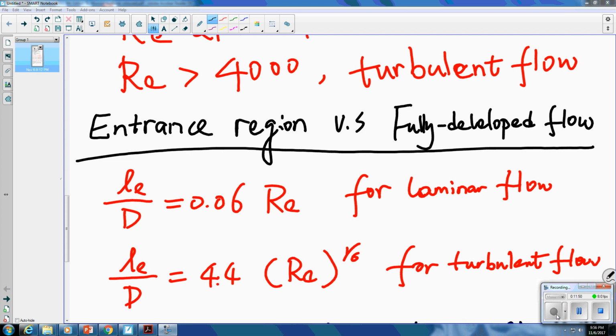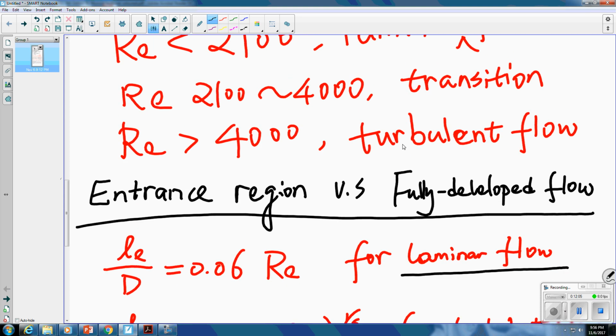Then let's take a look at these two equations. Do they tell you something? For example, the first one, laminar flow: entrance region length over the diameter equals 0.06 times Reynolds number.